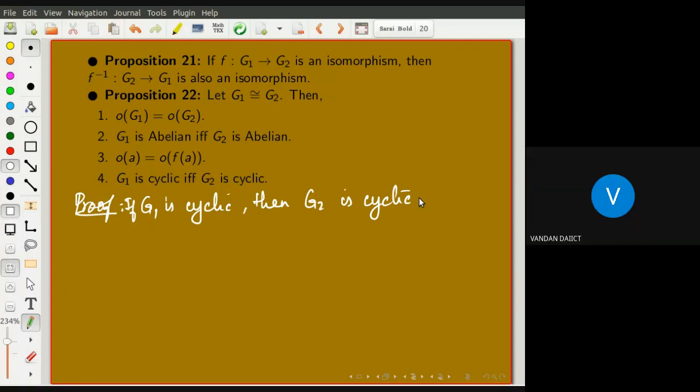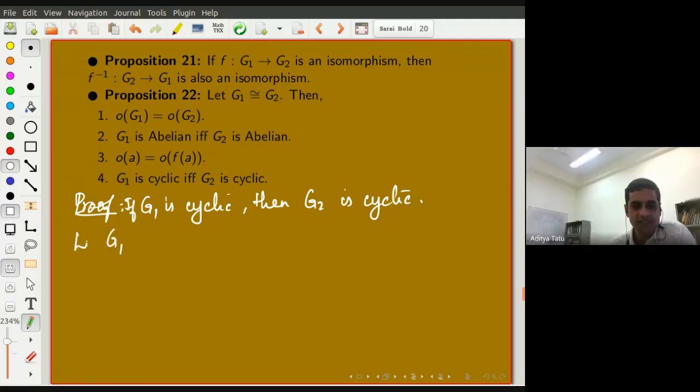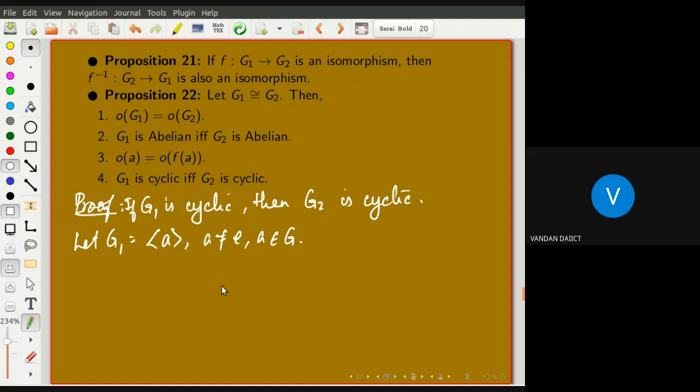Sir, for any element in G1 which is not equal to identity, order of that element is order of G1. Right. So basically what you're saying is let G1 be the group generated by some element A, which is not the identity. Right. Yes or no? Yes, sir. Okay. Then order of A will be equal to order of G1.